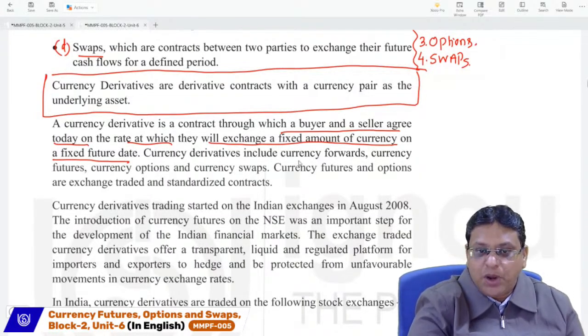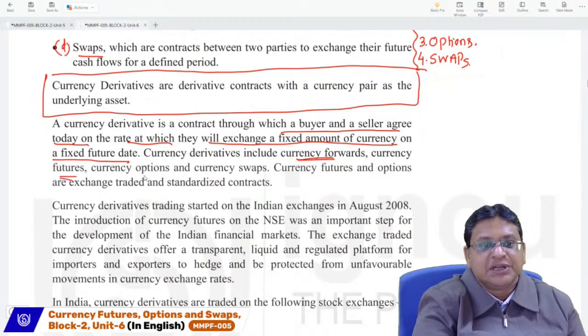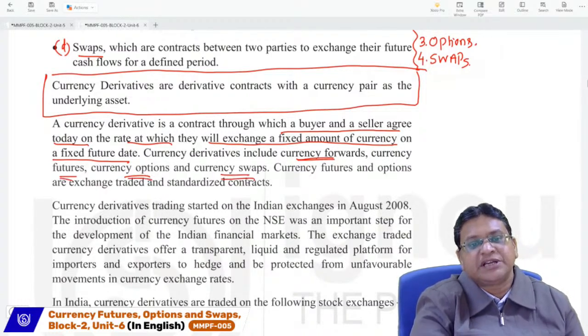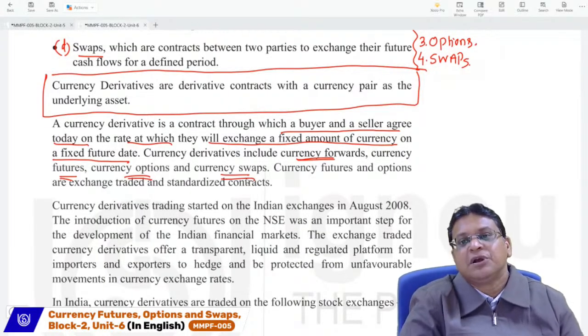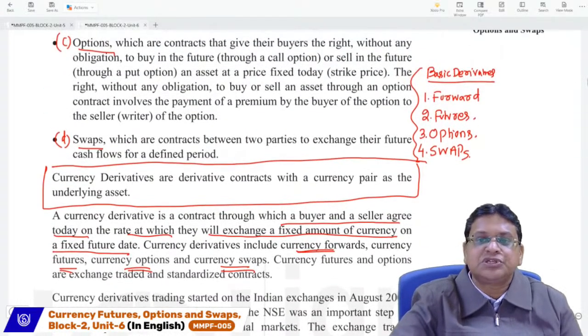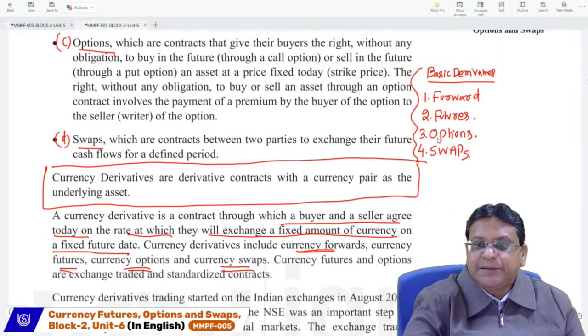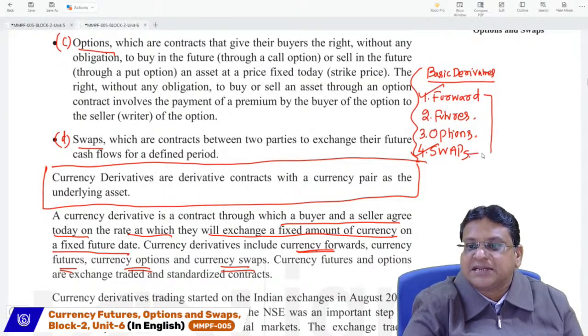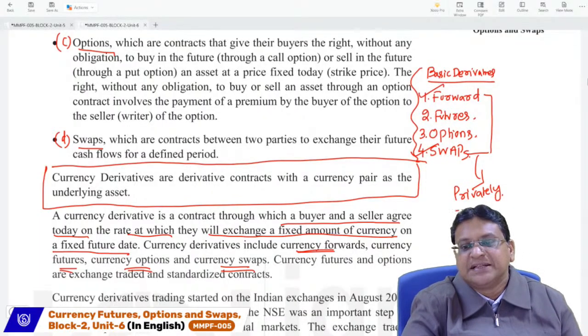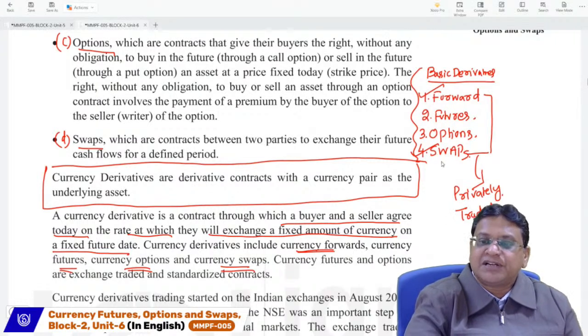There are four varieties of currency derivatives: currency forwards, currency futures, currency options, and currency swaps. Out of these, forwards and swaps are privately traded contracts. They are not purchased and sold in the market.